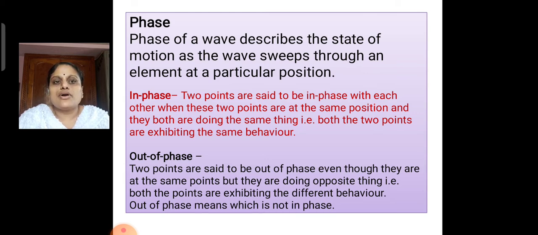That is, both the points are exhibiting the same behavior. Two points are said to be out of phase even though they are at the same position, if they are doing opposite things. That is, both the points are exhibiting different behavior. Out of phase means not in phase.